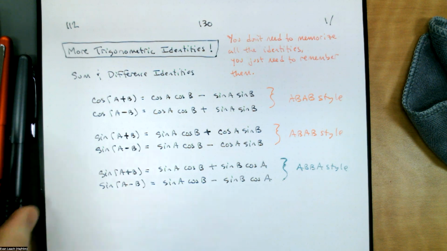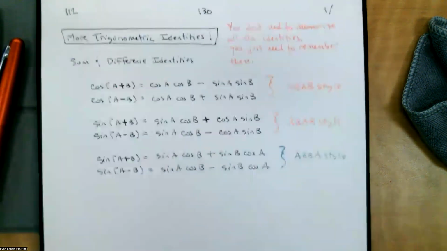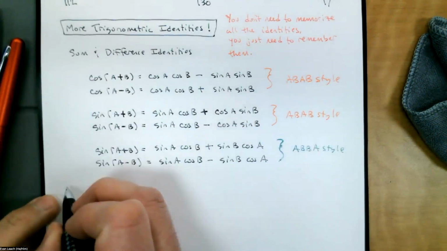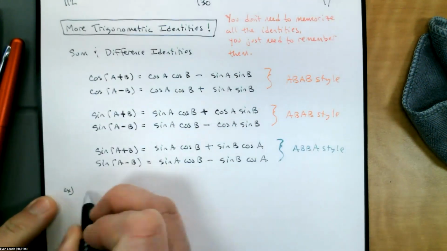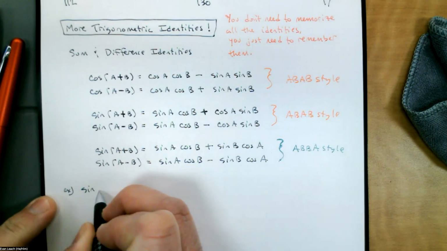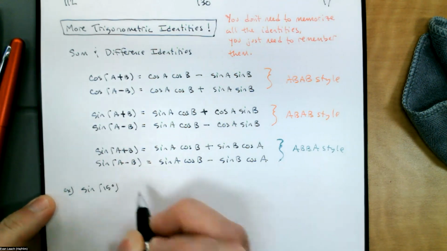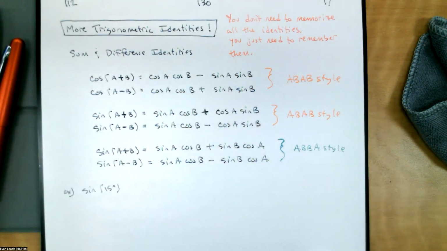Very strange examples when you're reading along in the book. You see, oh, this will be useful for finding the exact value of, let's say, the sine of 15 degrees. Now, 15 degrees is not one of the ones that we know. 30, 45, 60, 90. Multiples of 30, multiples of 45, multiples of 60, multiples of 90.